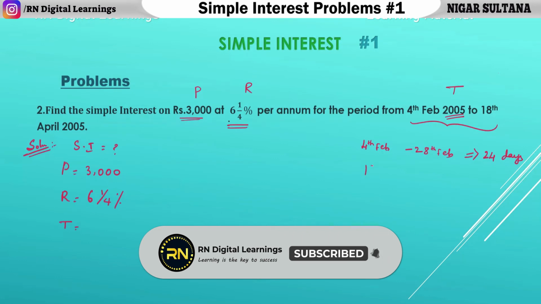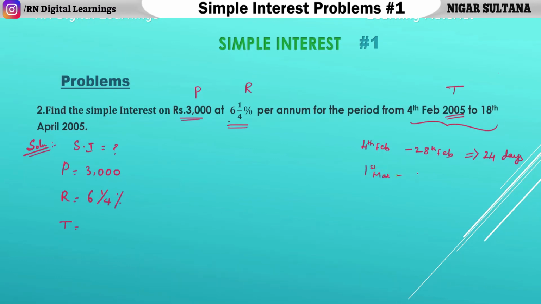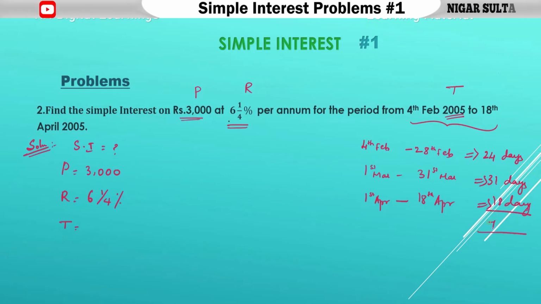Next, from 1st March to 31st March, how many days are there? 31 days. Next, from 1st April to 18th April, how many days do we have? 18 days. Add all the days, it will be 73 days.